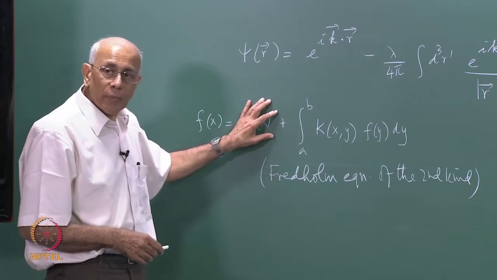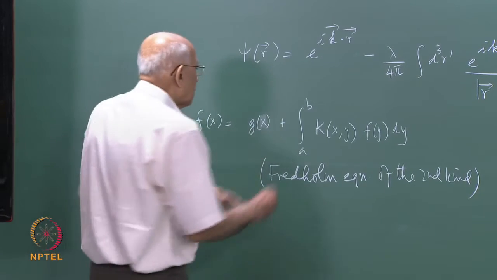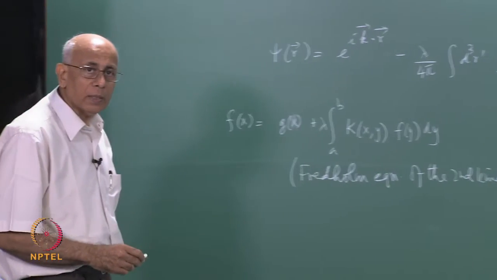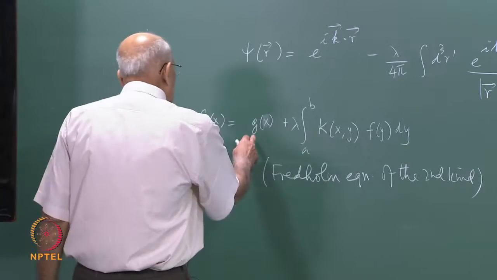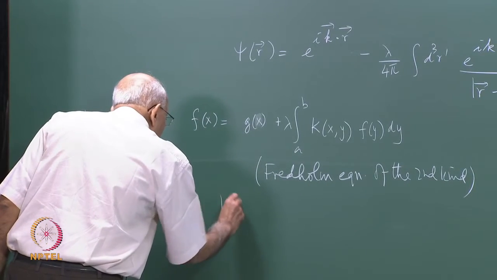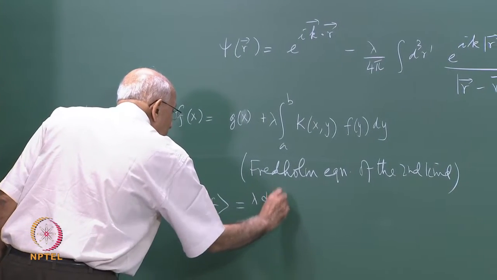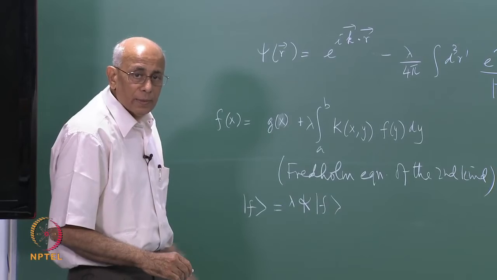Had this not been present, then it is an eigenvalue equation, and for comparison let us put in the lambda here explicitly. If this g is not there, in abstract form this looks like f equal to lambda times some operator on f, an integral operator.